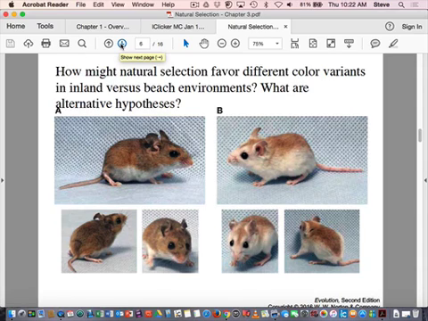That might be an alternative explanation, or those two hypotheses are not necessarily mutually exclusive either, are they? It's possible they work in concert. So the other idea might be these less melanic beach mice might not take on as much heat or overheat as quickly. So in general, there's better support for the original hypothesis.